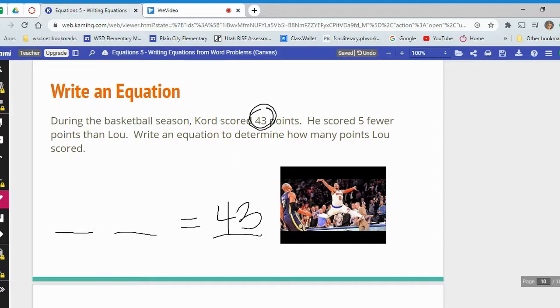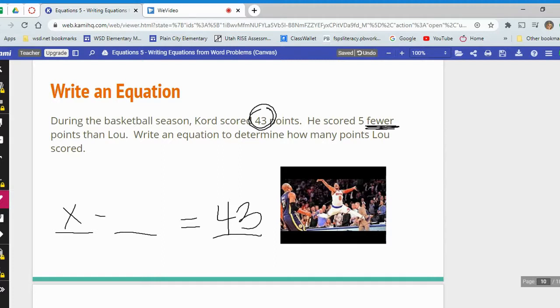Now, he scored 5 fewer points. So, fewer. Oh, fewer means, right, 5 less than Lou. But do we know how many Lou scored? Nope. So that's our missing, right? Let's put our X for Lou. We don't know how many he scored. But whatever he scored, Cord scored 5 fewer.